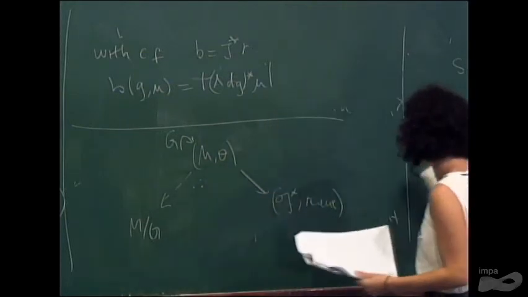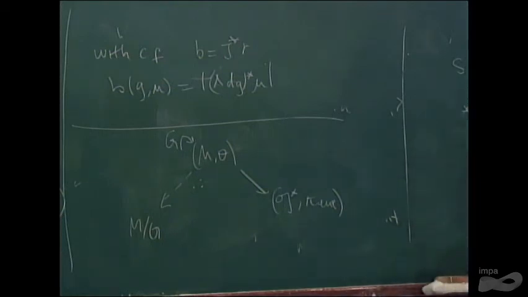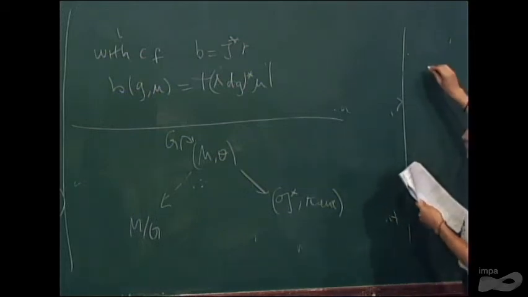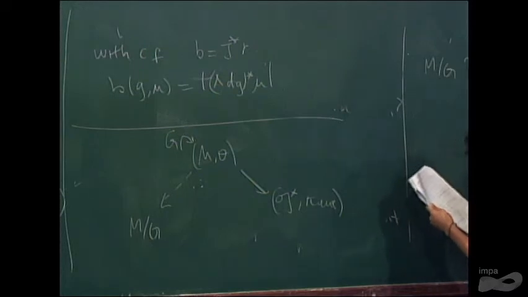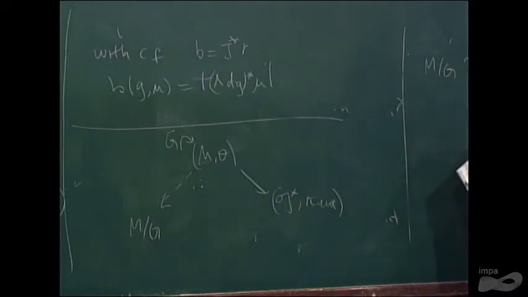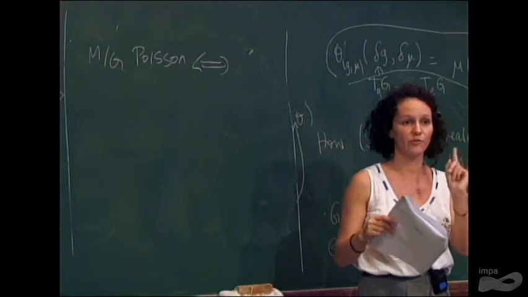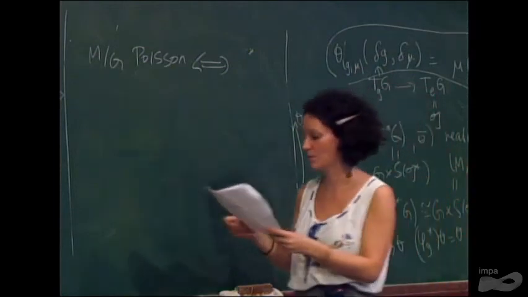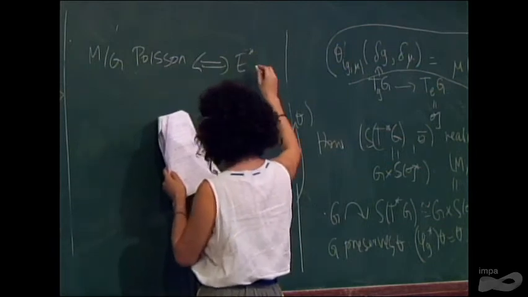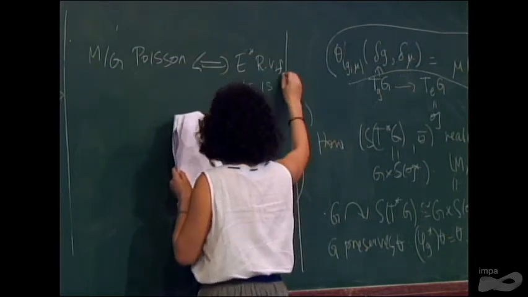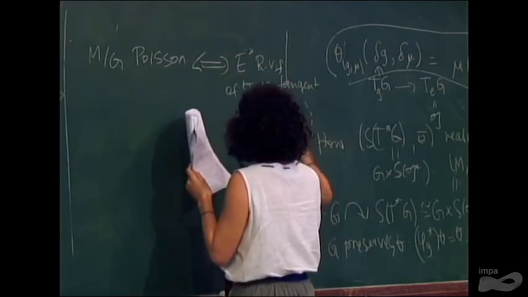So if we assume that this quotient is Poisson, you see that this happens if and only if the vector field, well, this is a computation, but this happens if and only if the vector field of theta is tangent to the orbit.